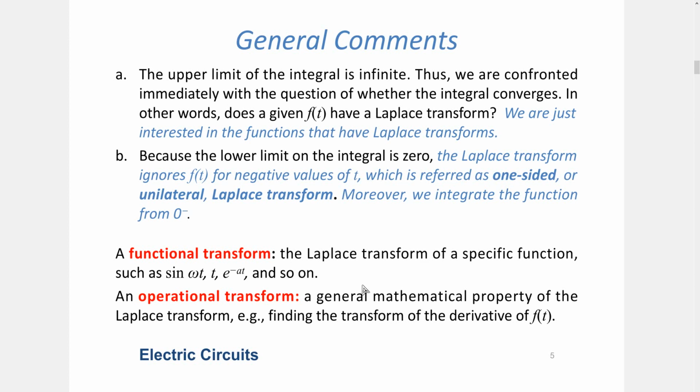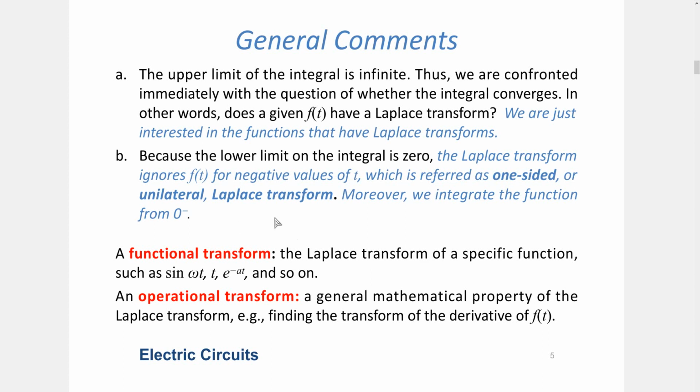And the lower limit is zero. So basically, the Laplace transform ignores f(t) for negative values of t. So everything starts at time equals zero. This is also referred to as the one-sided or unilateral Laplace transform. And we integrate the function from 0 minus.